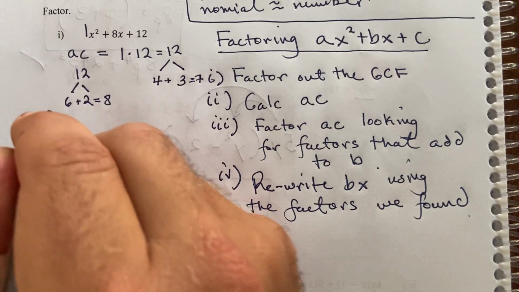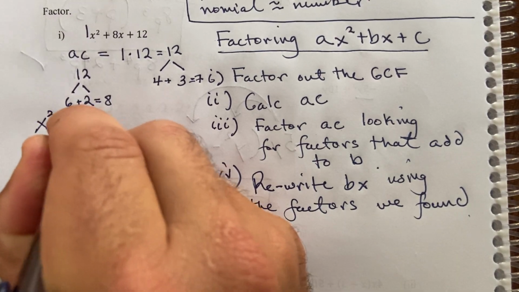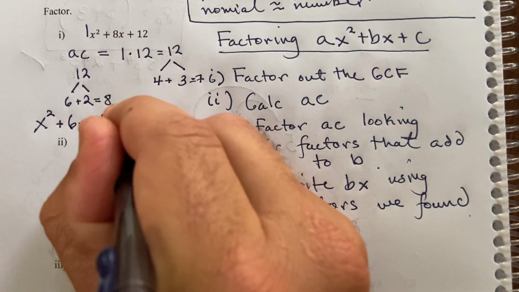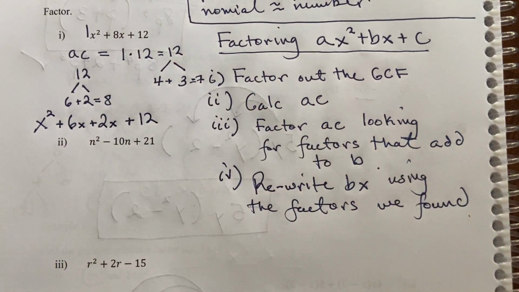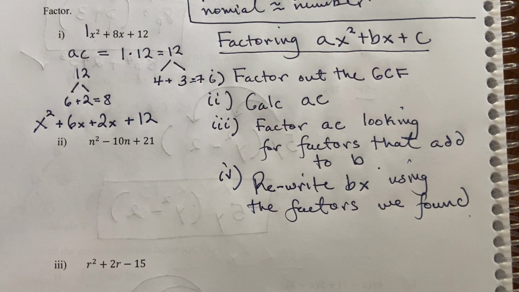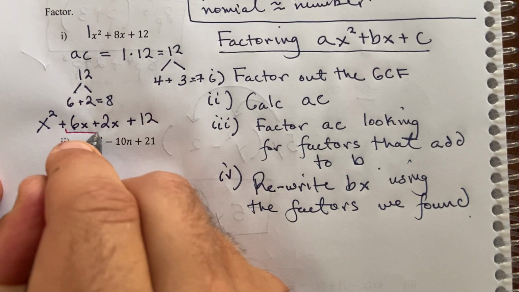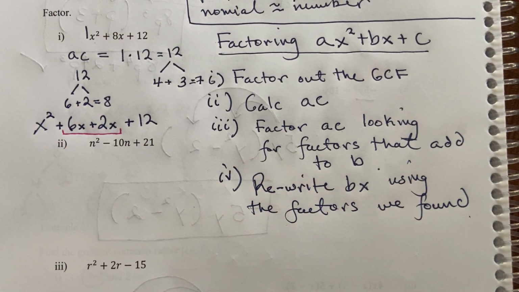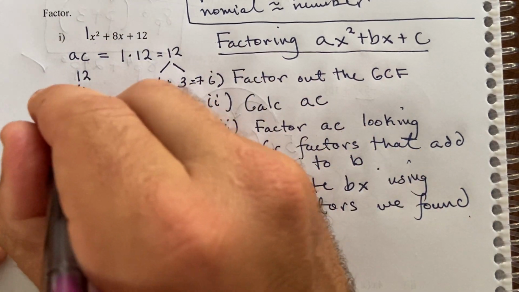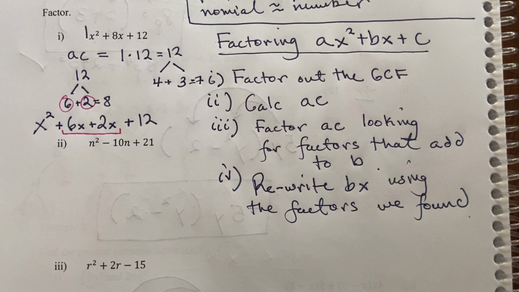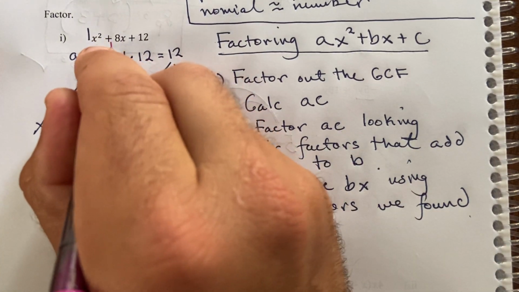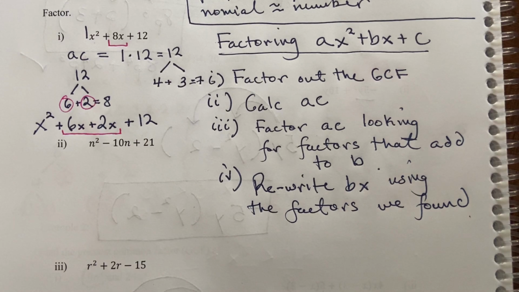But here I'm going to write 6x plus 2x plus 12. So notice 6x plus 2x, I'm using those because of the 6 and the 2. And notice that that adds up to 8x. 6x plus 2x adds up to 8x.